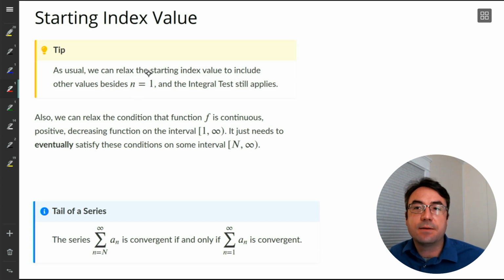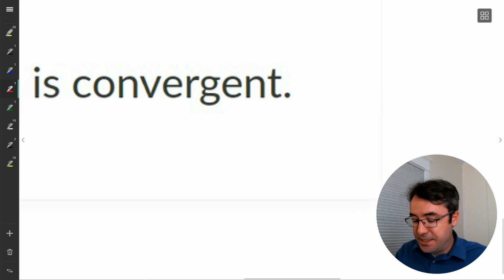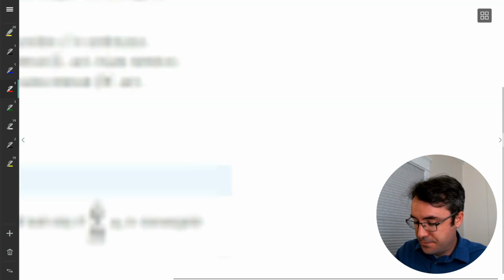We can relax that. So we can start at other index values, and the integral test still applies. We can also relax those conditions on our function f a little bit as well. So, we originally said f had to be continuous, positive, and a decreasing function.